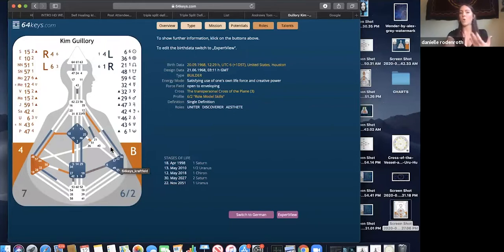Okay. Well, cool. We know that she is a solar plexus authority. This might be a little bit easier for her to be aware of her emotional wave. Whereas potentially other people that have this orange, it might be harder for them to see their emotional wave.